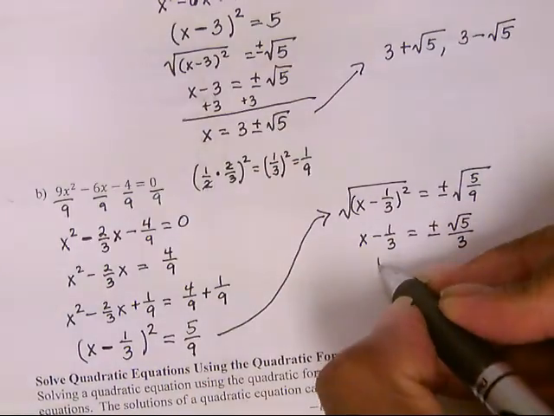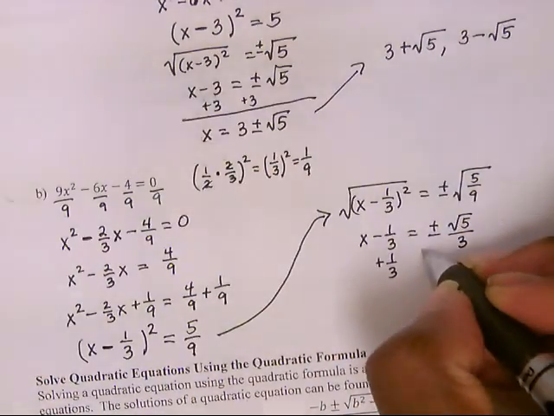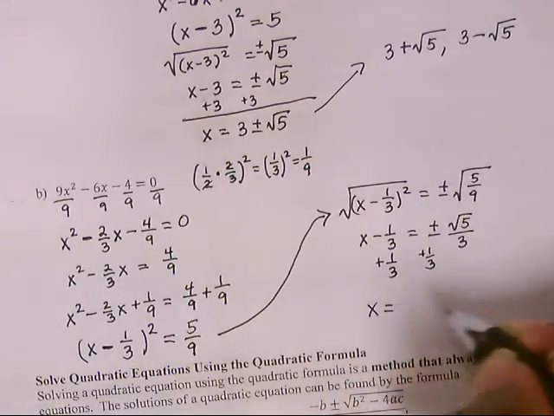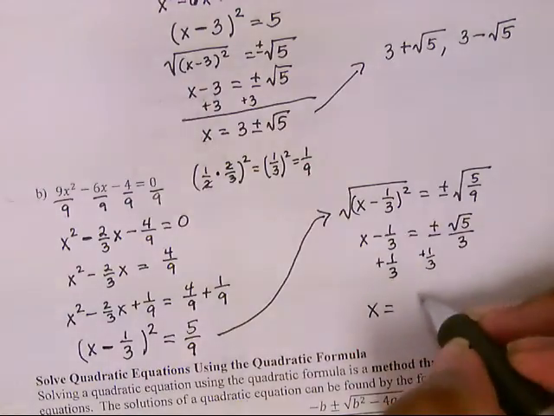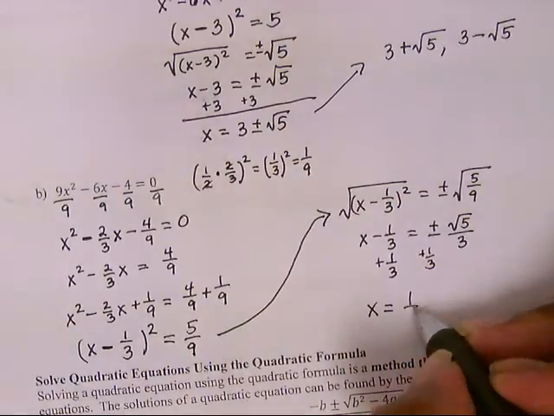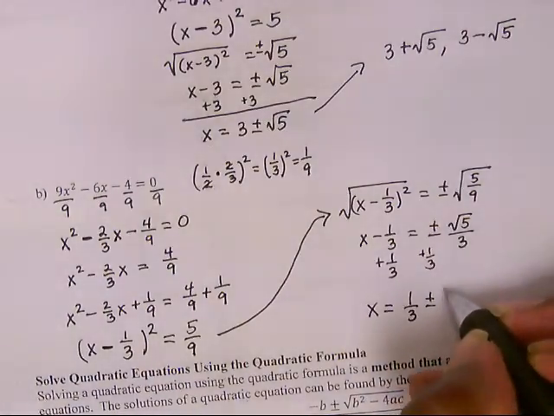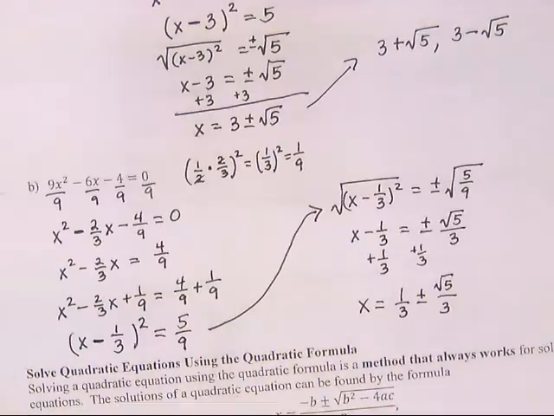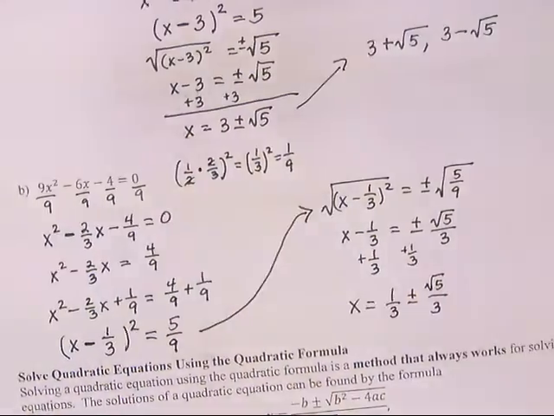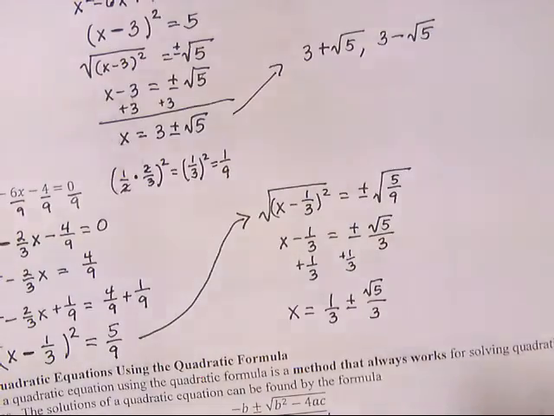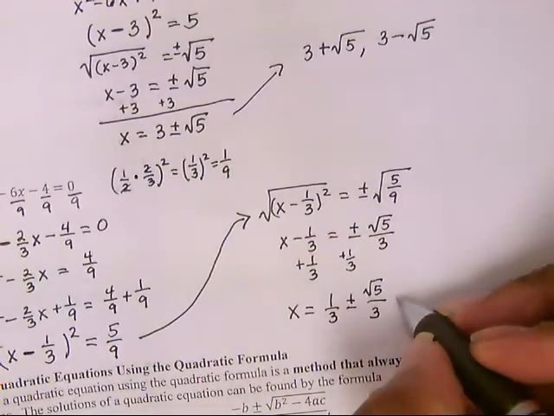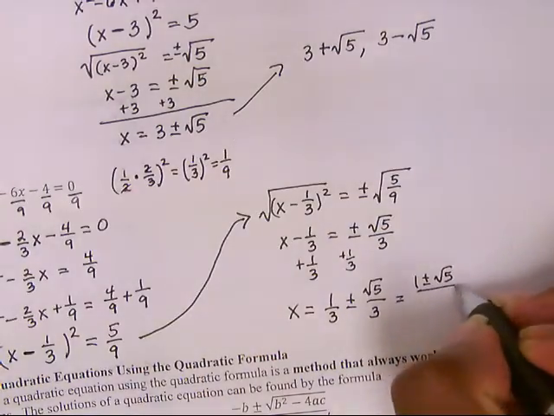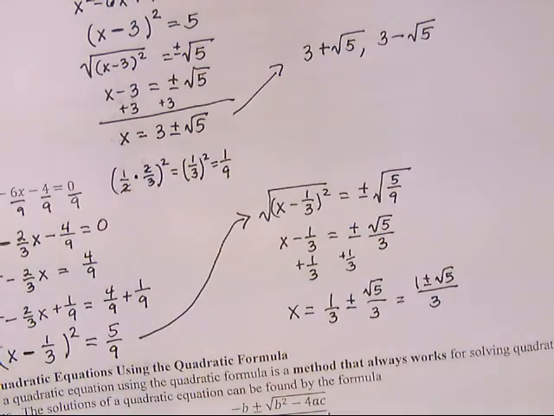And now to solve for x, I need to add 1/3 to both sides. So I'm going to have x is equal to 1/3 plus or minus the square root of 5 over 3. And in this case here, the denominators are the same, so I can write all of this as 1 plus or minus square root of 5 over 3.